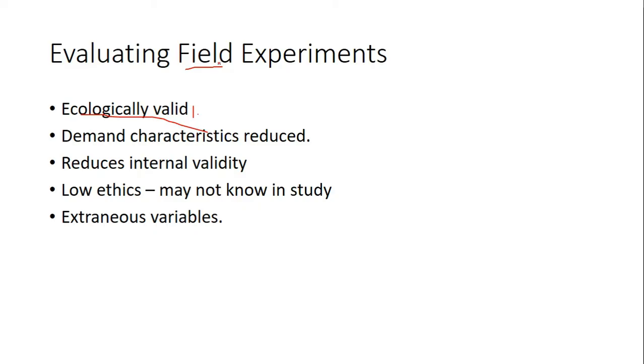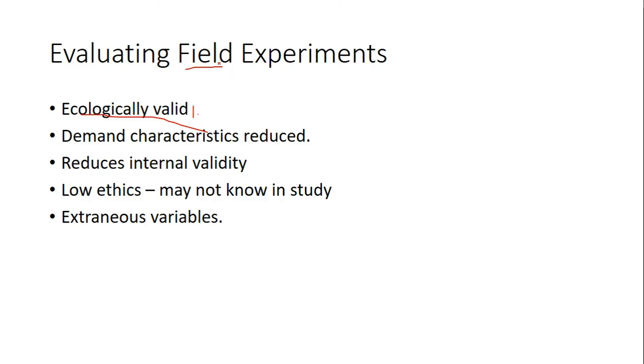It also reduces internal validity because there are a lot of extraneous variables that could come in, and that would reduce the ability to show cause and effect. So, if someone trips over or stubs their toe outside, and then a branch falls on their head, and a really harsh gust of icy wind comes along, and they just say ow, you don't know which one they're saying ow at, so you can't demonstrate cause and effect.